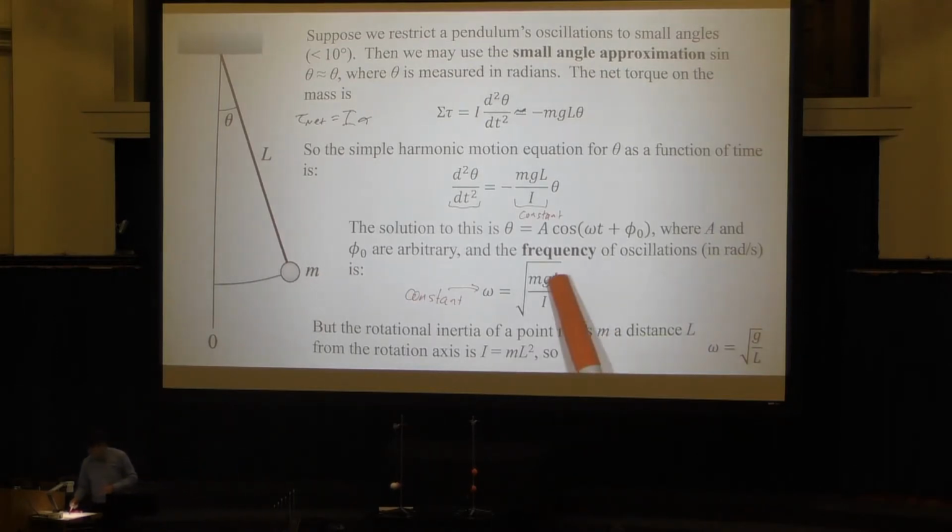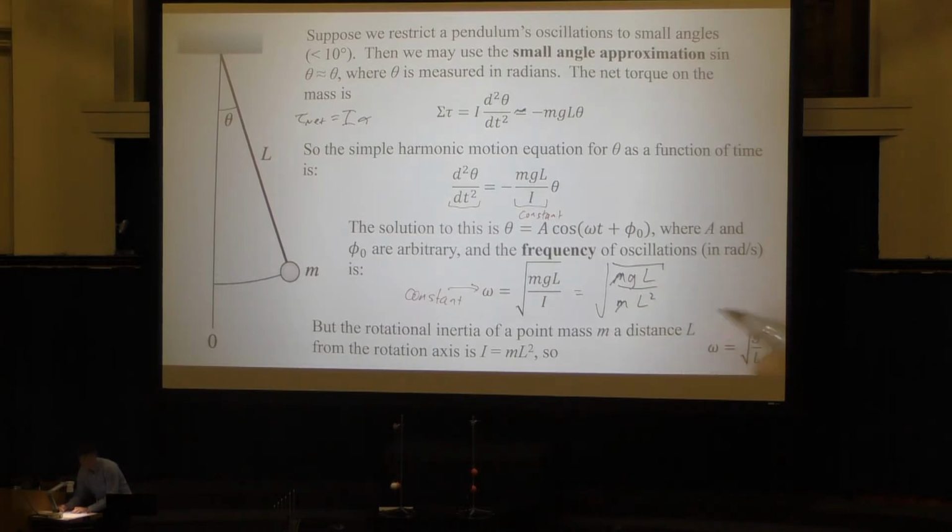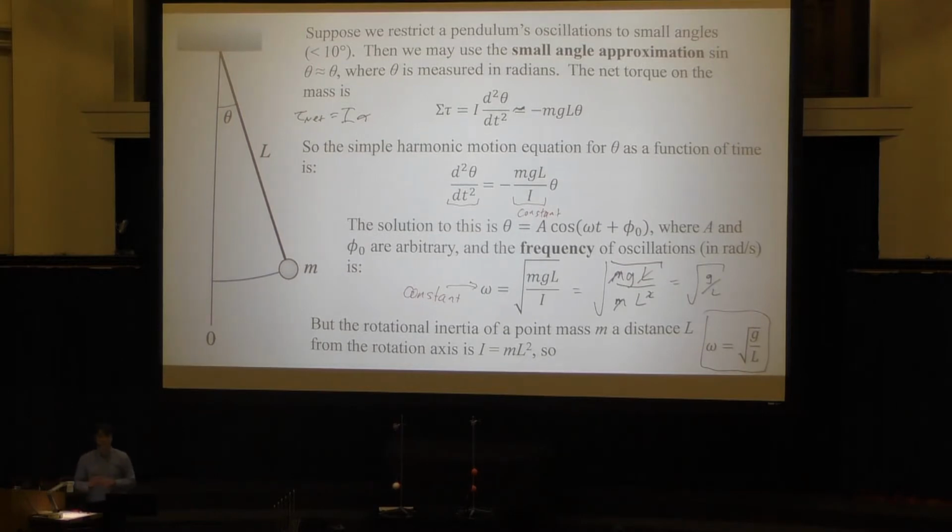When you plug that in up here, it's equal to the square root of mgL divided by mL squared. The m's cancel, so the mass doesn't matter, and this L squared cancels with this L on the top, and you get the square root of g divided by L. So that's the angular frequency of a simple pendulum.